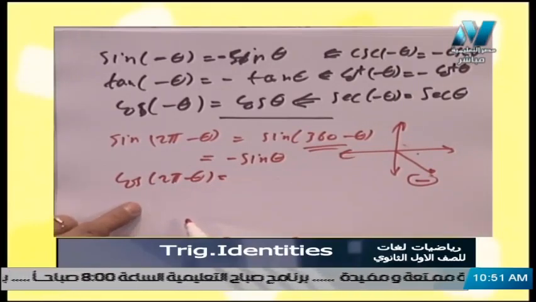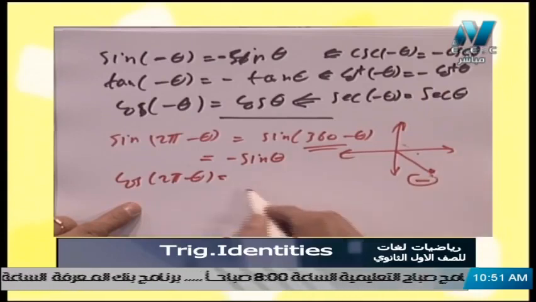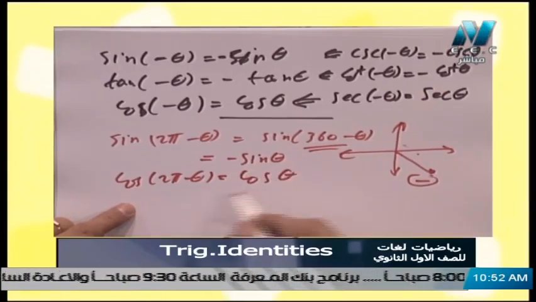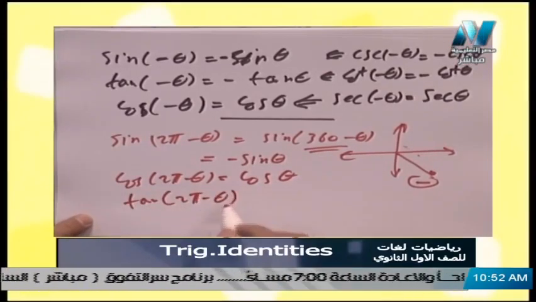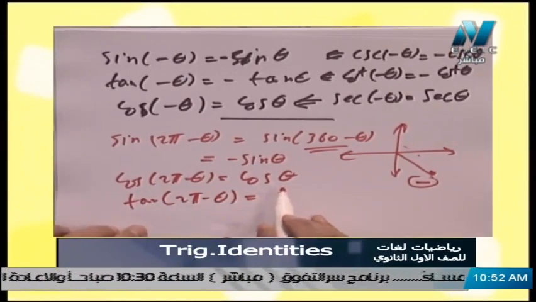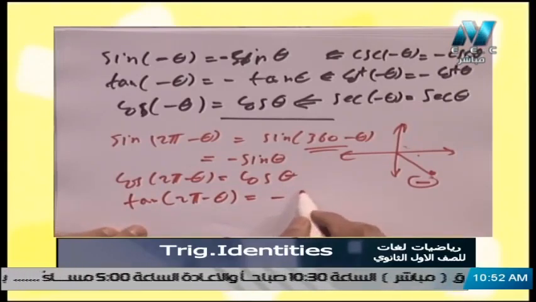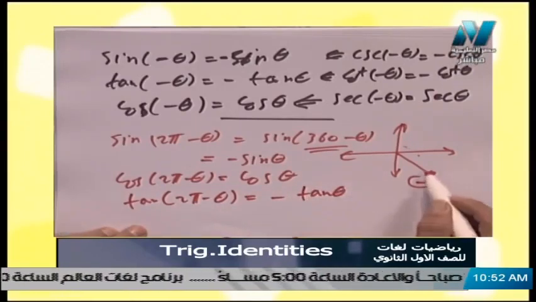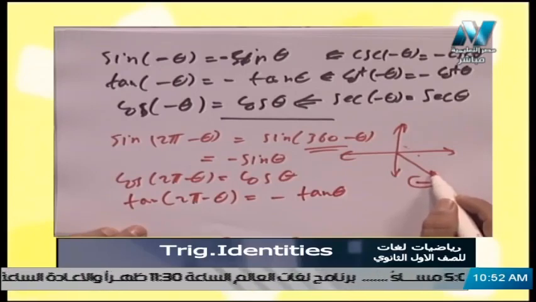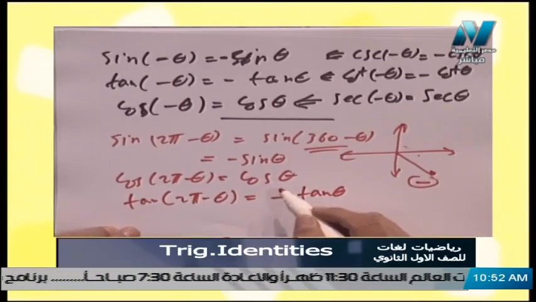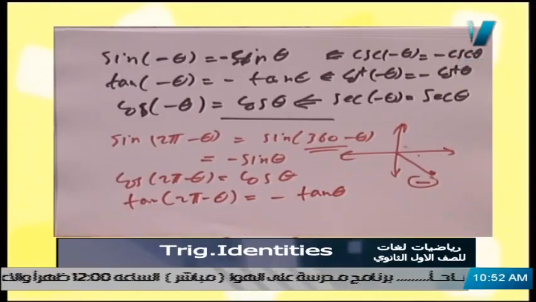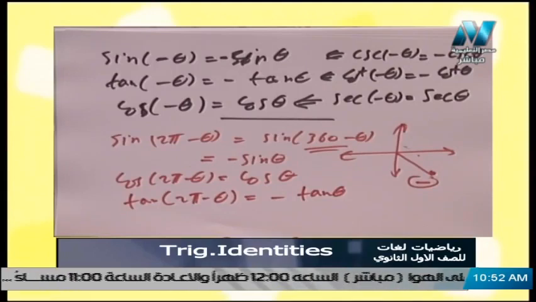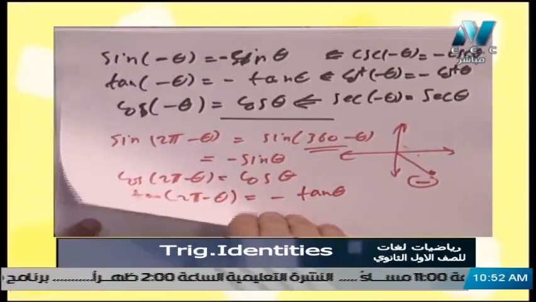Cosine 2 pi minus theta: here cosine is positive, so it's just cosine theta. Tan 2 pi minus theta will be equal to negative tan theta. Why? Because tan in the fourth quadrant is negative, as is sine, and of course the reciprocals you can do the same way.